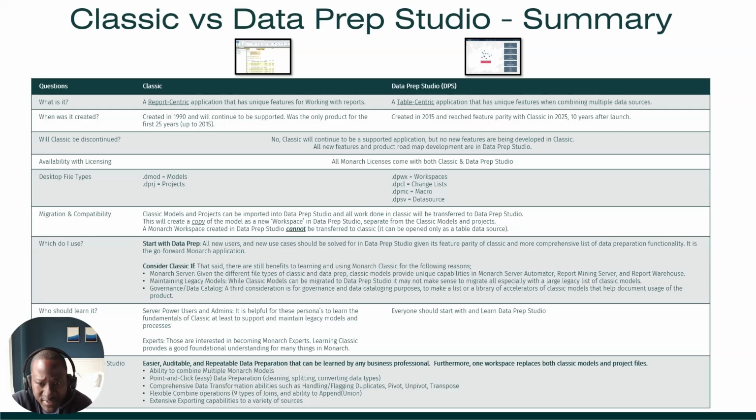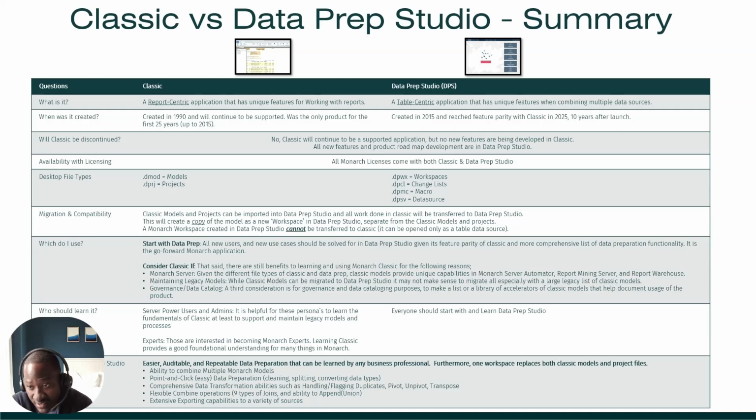We look at the file types. In Classic, you have models, .dmod. There are older versions that were just .mod and .xmod, and then project files, which are the .dprj project files. In Data Prep Studio, there are actually four file types. You have the .dpwx, which is the workspace.